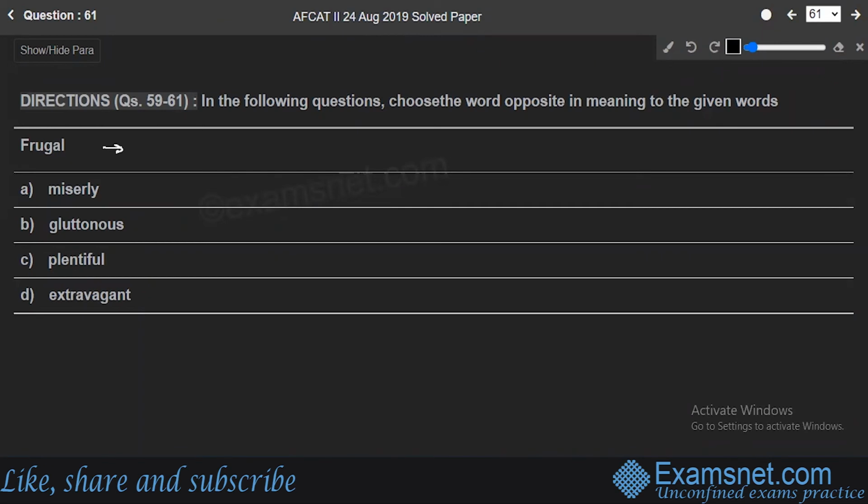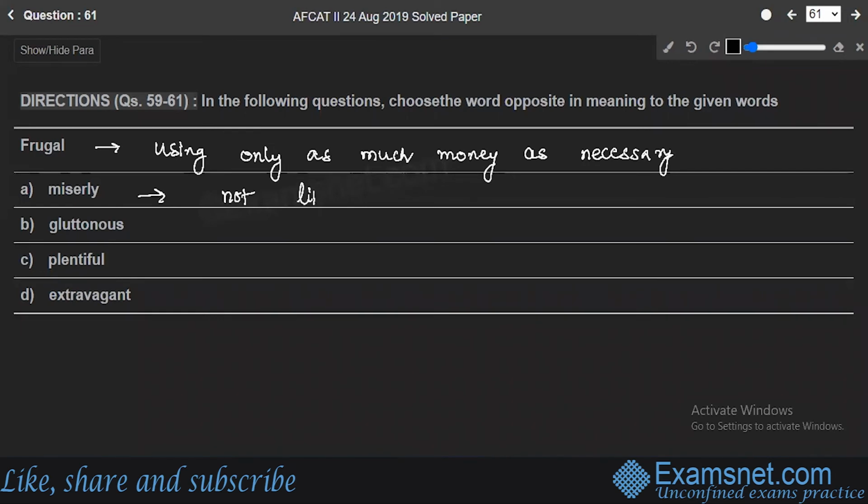The word frugal means using only as much money or food as necessary. Then miserly is a person who is not likely to spend money.